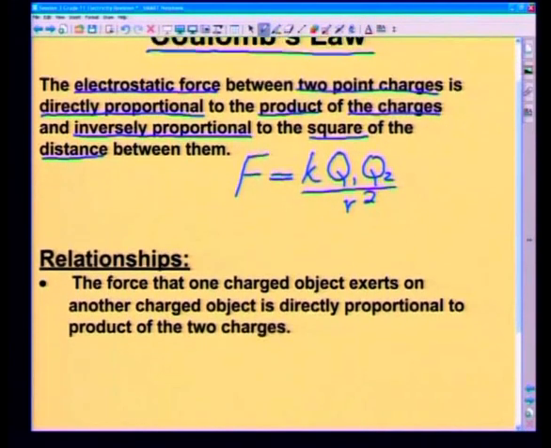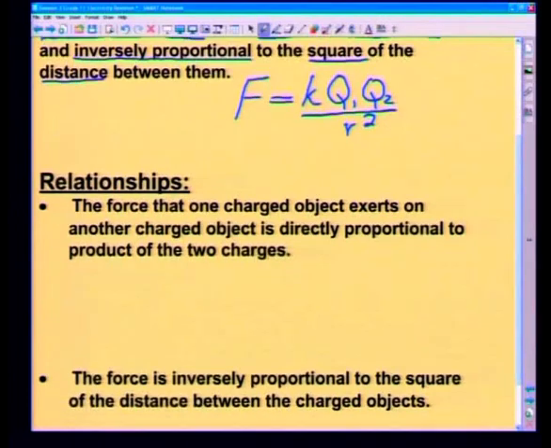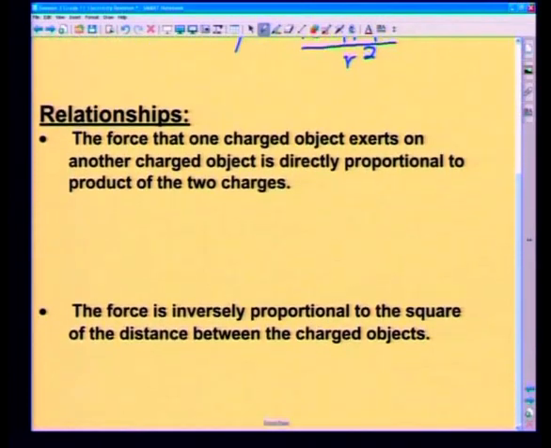Now, I've already said that this law is about relationships. Let's unpack this law in terms of the relationships that are given to us. We are told that the electrostatic force that exists between any two charged objects is directly proportional to the product of the two charges.